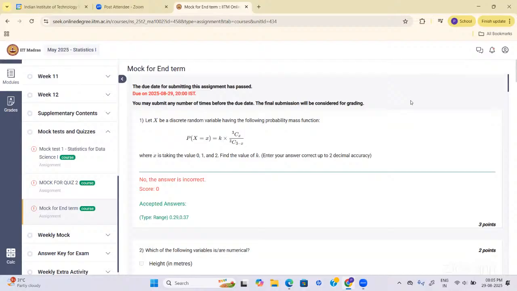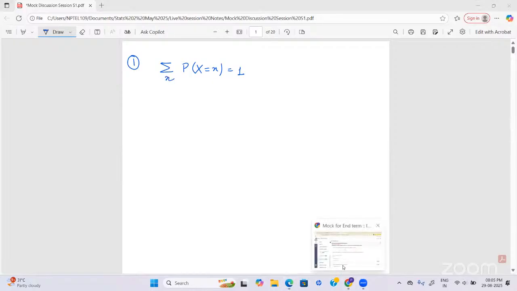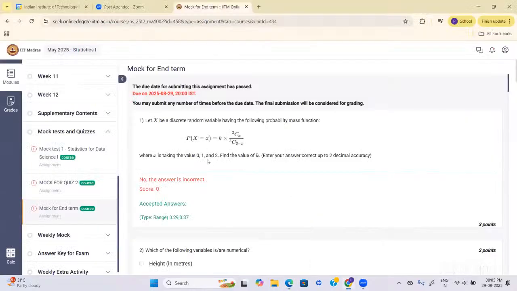So here what we have to do is we have to use the property of PMF. Okay. So we know that summation of all the probabilities should be equal to 1 over the support or range of x. So here we can see that x is taking three values, 0, 1, and 2. So if we take the summation of probabilities for all these three values, then it should be equal to 1.